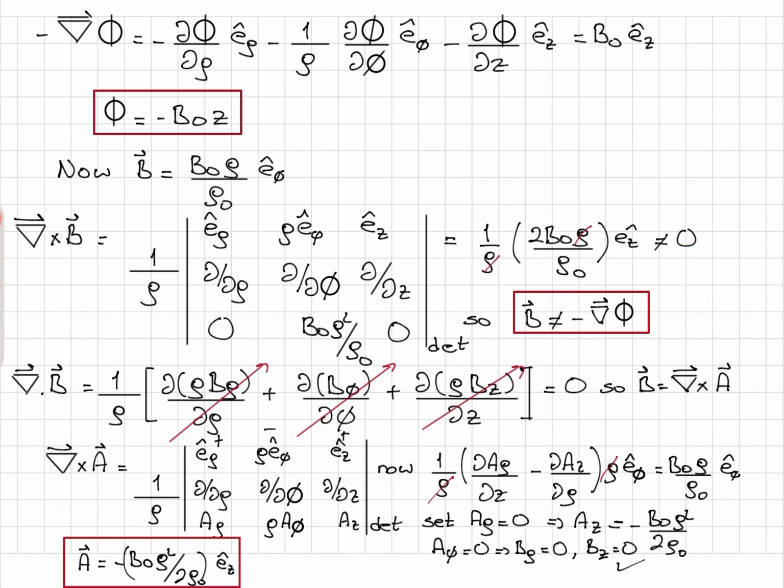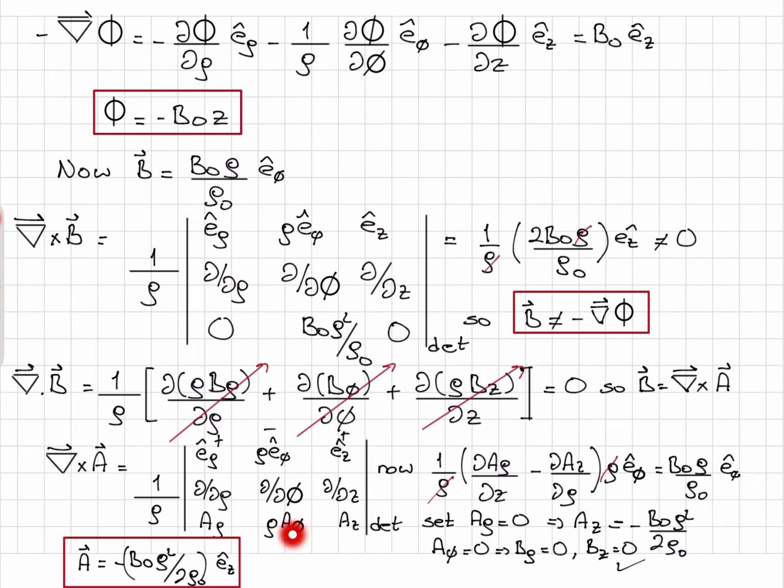Therefore, it can be derived from a vector potential A, and if B is equal to curl A, then I can do this general curl for the cylindrical coordinates, and I'm basically free to set A rho to 0 and A phi to 0. I only need an Az component here. Why?